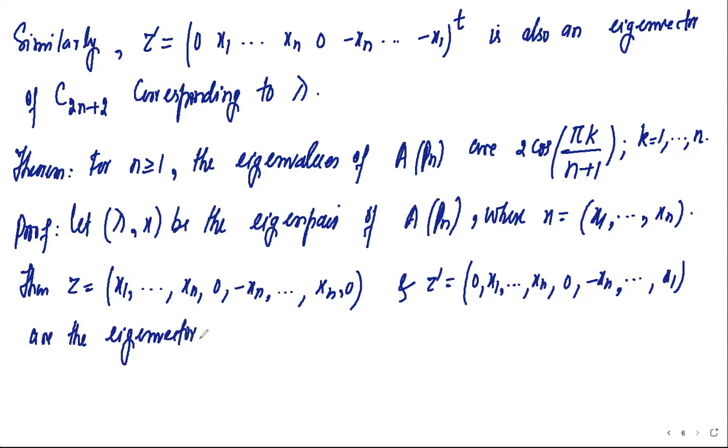These are the eigenvectors of C2n+2 corresponding to lambda.